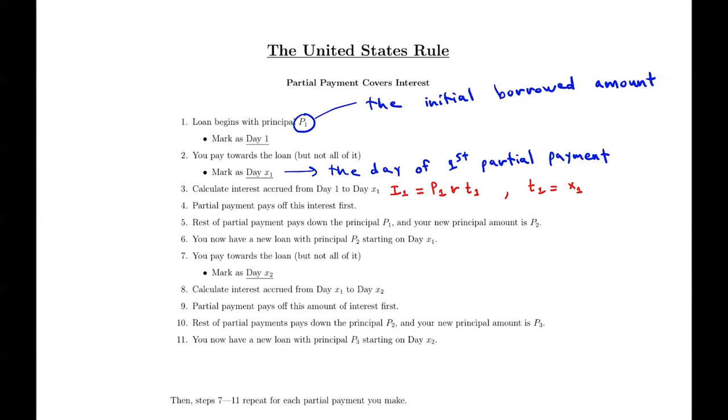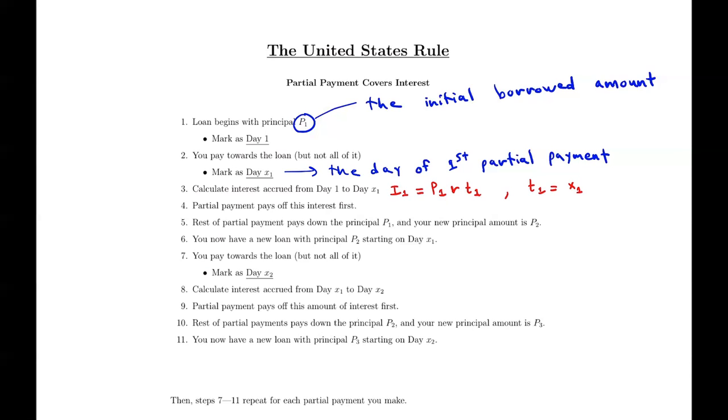So day one was when we started, and maybe day X1 is like 100 days into the loan. Well, at that point, to calculate the interest that has accrued from the beginning of the loan until when I make my partial payment, that's T1, that is X1 number of days. And so that's how long has occurred in days.